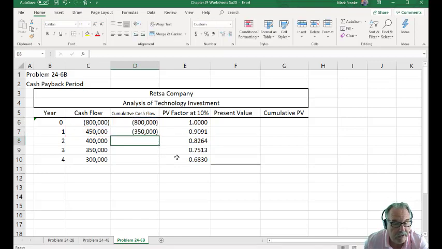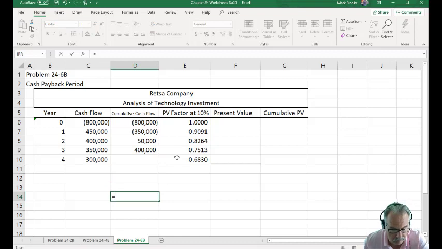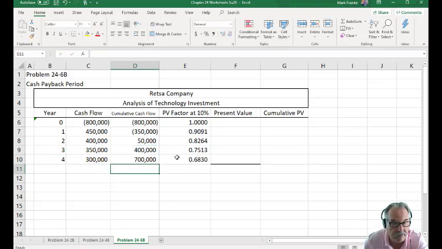And by the end of the second year, we have positive cash flow, and we end up with total positive cash flow of $700,000. But you can see that the cash payback is somewhere towards the end of year 2.